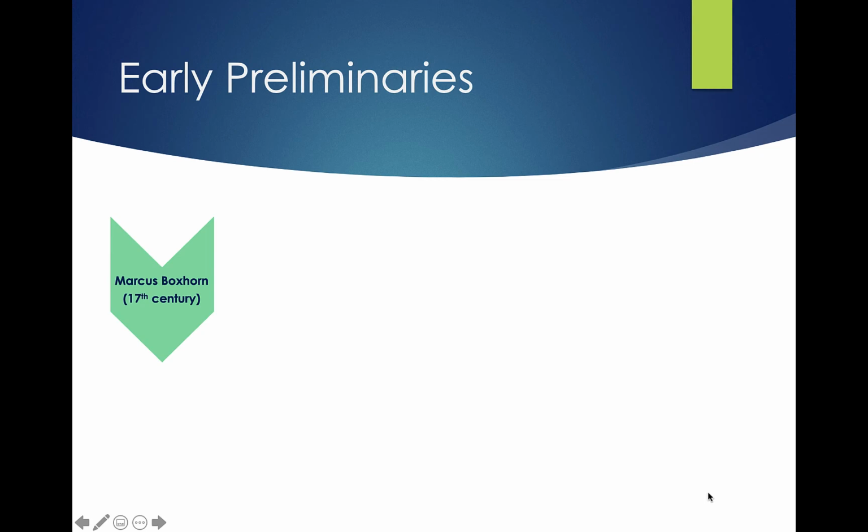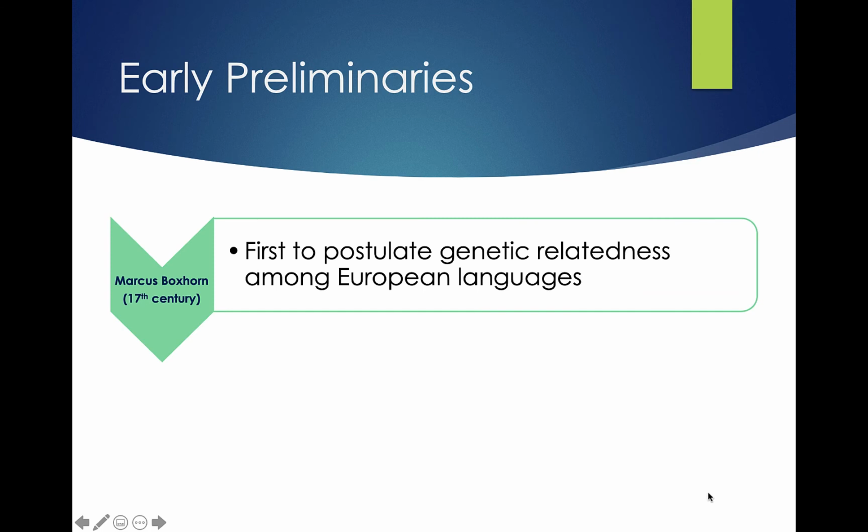He was a professor at the University of Leiden and wrote on many subjects from the history of the Netherlands to archaeology to the origins of language. He noted that many European languages, including German, Russian, Welsh, Lithuanian, and so on, were similar to each other, and proposed that they all originated from a parent language, which he called Scythian.